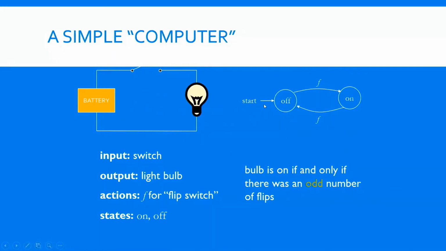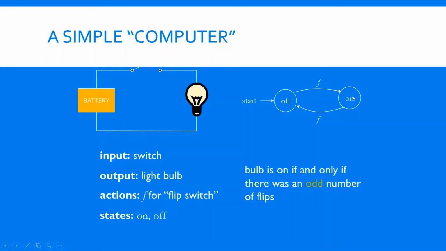Two states are possible, either it is in the on state or the off state. If it is in the off state and you apply that function, if your input is you switch on, then you go to the on state.